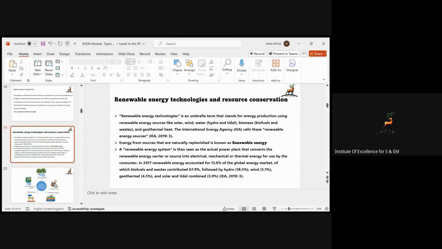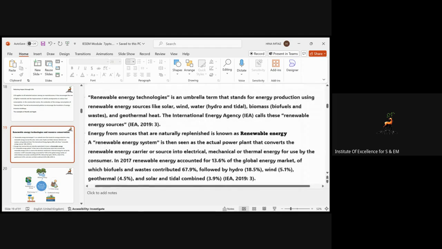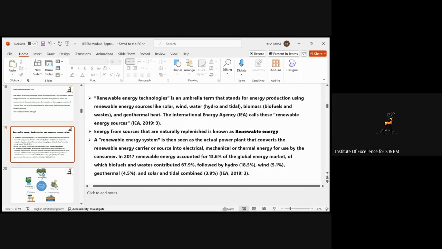So these are renewable resources. And again, a renewable energy system is seen as the actual power plant that converts the renewable energy carriers at the source into electrical, mechanical, or thermal energy for use by the consumer.